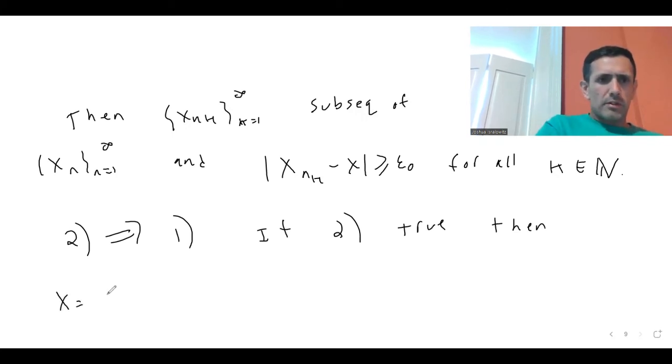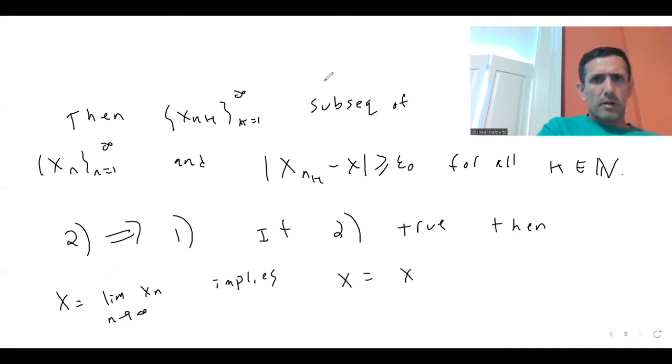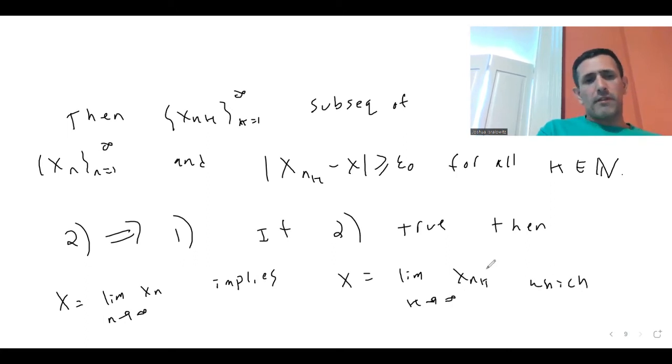So if we did have convergence, well, x has to be the limit of the subsequence, so it's kind of trivial. We proved that if x_n converges to x, any subsequence converges to x. But this violates... what does this violate? This violates 2.